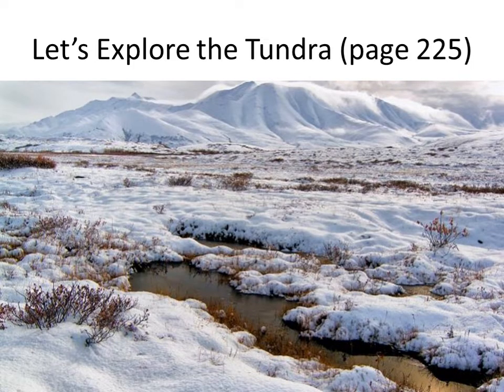On page 225, there is a picture of the tundra. The tundra, it's a place, we call it a biome, found on the North Pole and the South Pole. Usually it is about 9 months per year, snow and ice. Only 3 months or even less, we have what they call summer, but it's a cold summer.